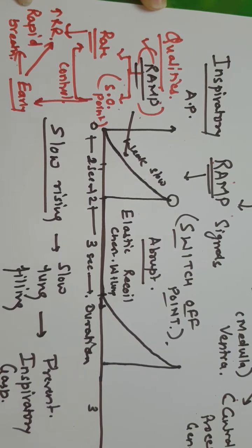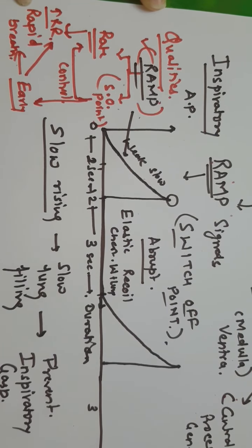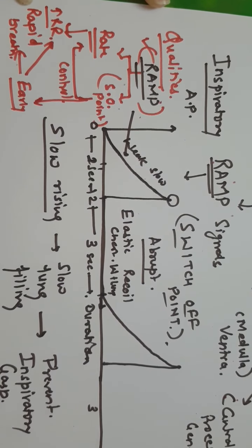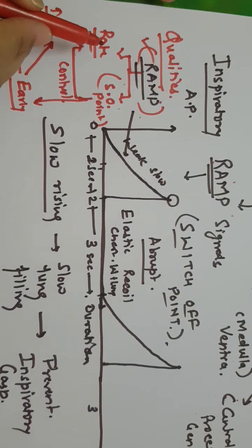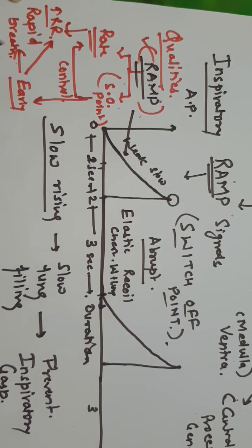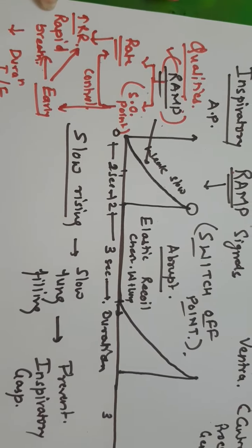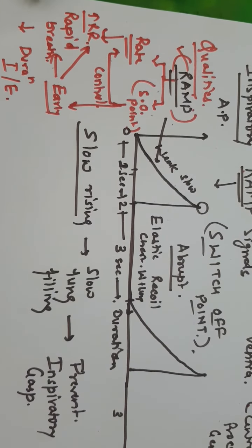So there is decrease in duration of inspiration as well as expiration. The switch off point is controlling the rate of respiration, which is controlling the duration of inspiration and duration of expiration.